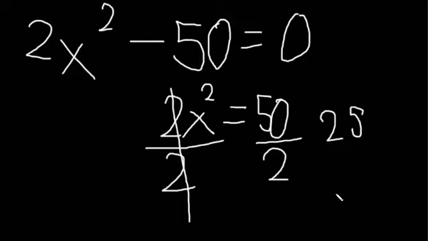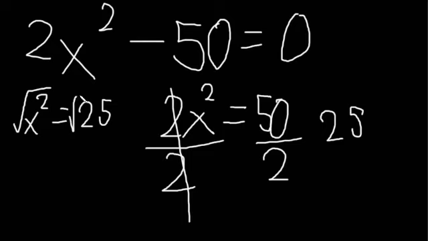So 2x squared divided by 2 is just x squared, and 50 divided by 2 is 25. And then we remove the square root, so the square root of x squared is x, and the square root of 25 is 5. And we get our answer, which is x equals positive negative 5.